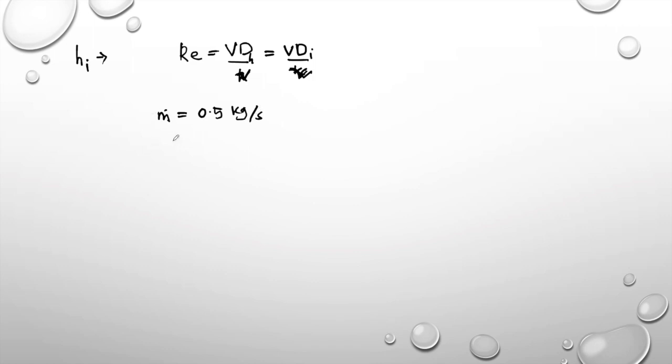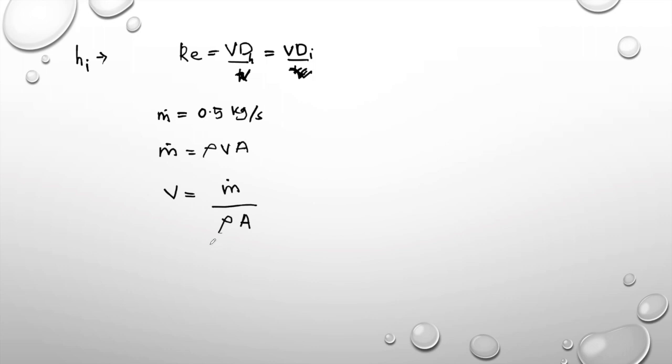So from the mass flow rate, we can find the velocity by using the equation, mass flow rate equals rho V A. Rearranging this equation, V equals m dot over rho times A. So A here is a cross-sectional area.